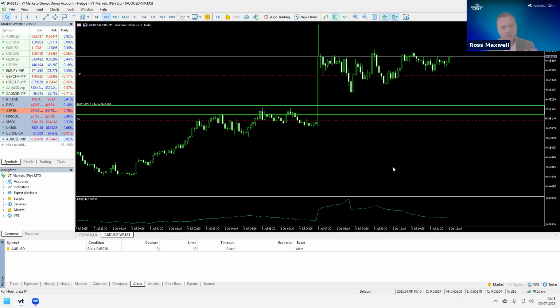If you're talking about how I would do that, just generally speaking from a trading point of view, all you're doing is monitoring this ATR when it comes to entering your trade. As volatility increases, that ATR will increase, and you will naturally calculate your stop loss and take profits based on that.